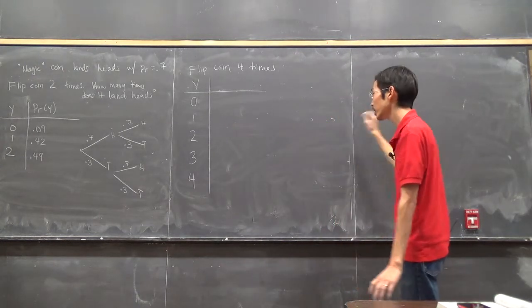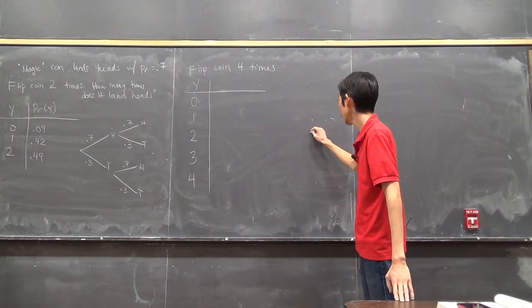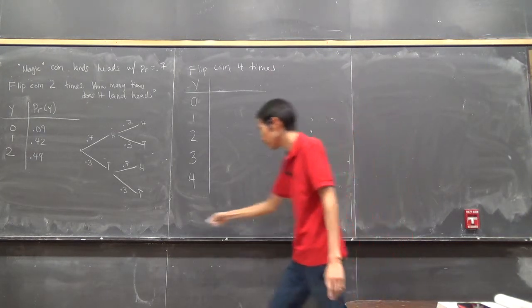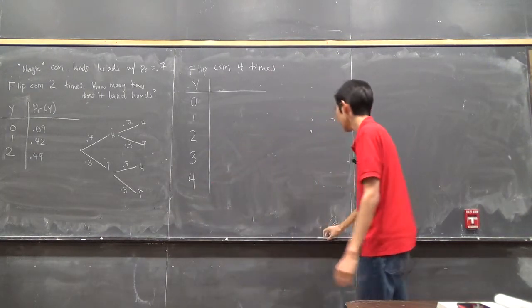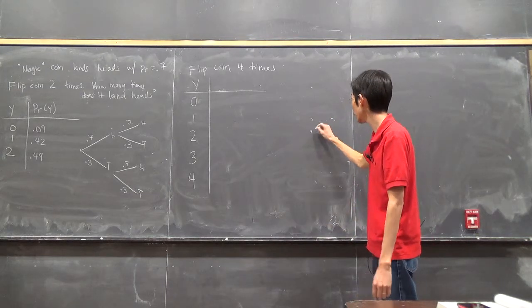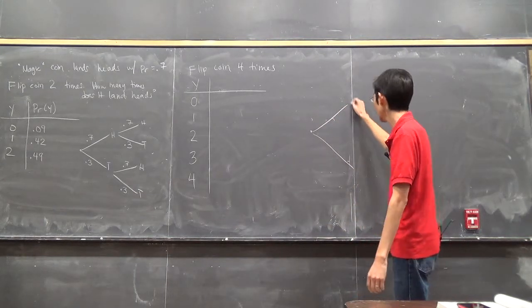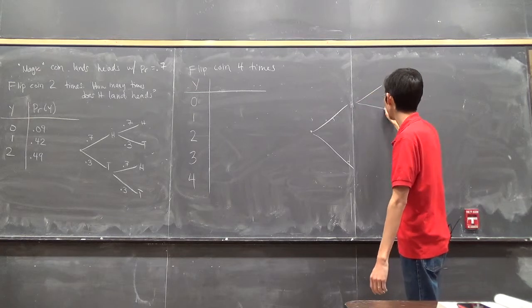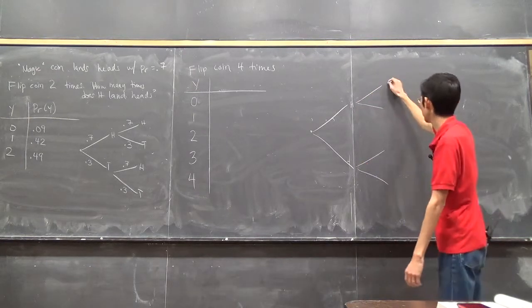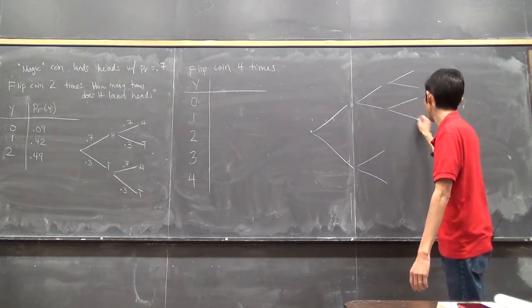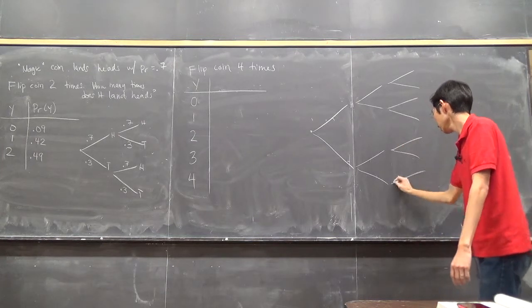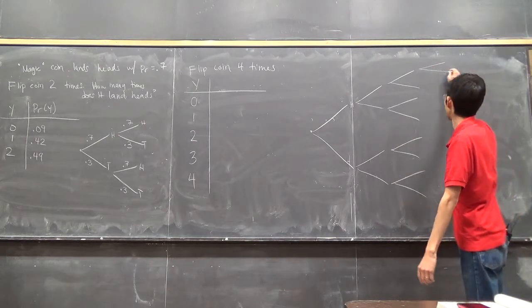And if I were to make a probability tree, it would be a bit disastrous. Well, not disastrous, but we would say it's very tedious, right? So we have the first coin flip, and then the second coin flip, and then the third coin flip, and then the fourth coin flip.